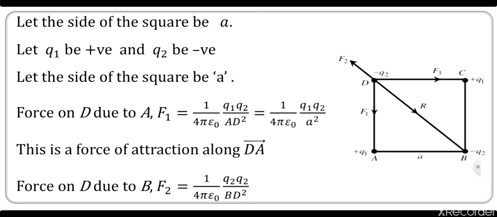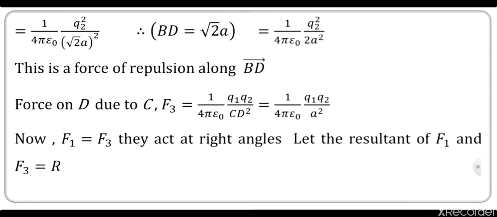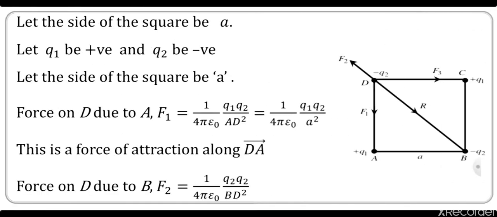The BD value as root 2 a you will get. So by using the Pythagoras theorem for the triangle ADB, we will get this. And here the value is 1 by 4 pi epsilon naught q2 squared by root 2 a the whole squared. So square and square root get cancelled, you got 2a squared there. And this is a repulsion force along the diagonal BD. Okay, so what we found here is F2.